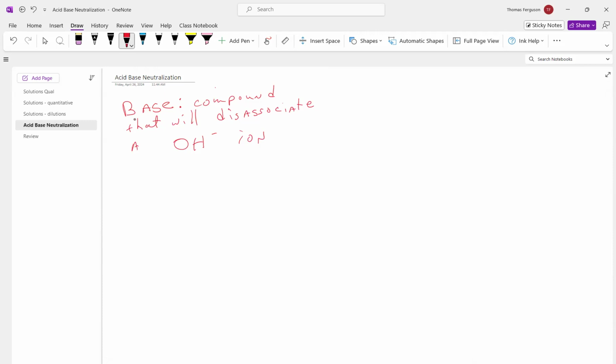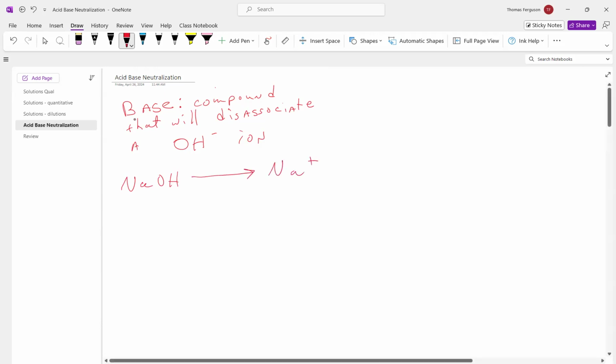So for example, sodium hydroxide, does that have an OH on it? Sure does. The next thing you need to ask is, does it come apart? Does it disassociate from the sodium? Yes, it does. And if it's a strong base, 100% will come off.